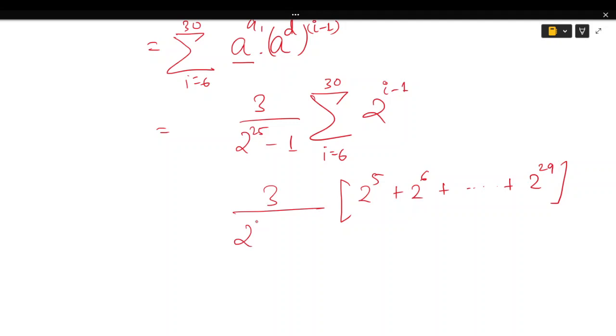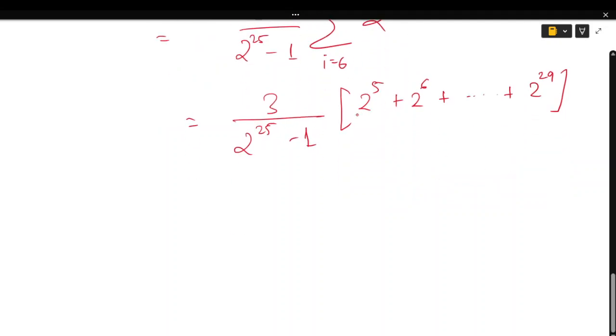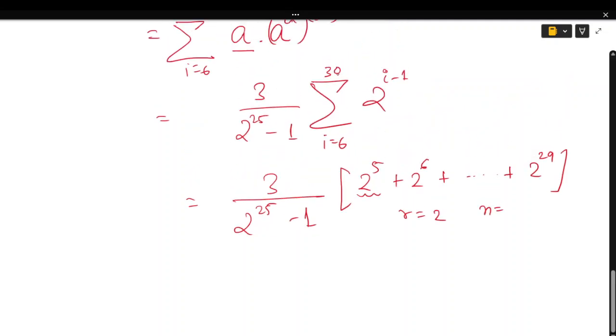So one can again use the formula of the sum of a geometric progression. This time, the first term will be 2 to the power 5, and the common ratio is again 2 to the power 6 divided by 2 to the power 5, which is 2. The number of terms can be counted as 30 minus 6 plus 1, which is 25.